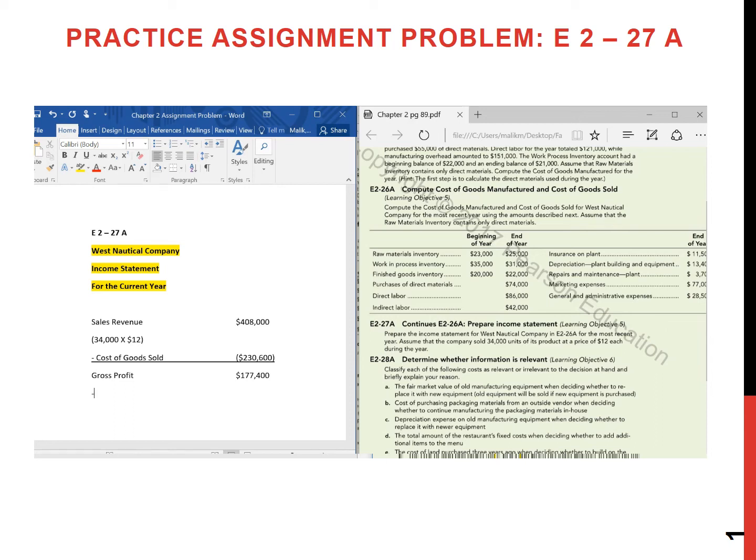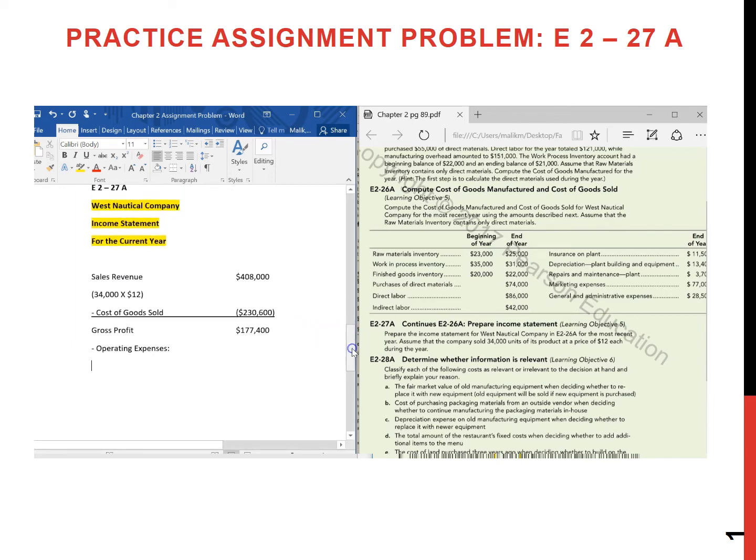And then we're going to subtract our operating expenses. Operating expenses. And we'll see what are our operating expenses. So for this problem, you have two expenses that are related to your regular operation. These are marketing expense and general and administrative expense.